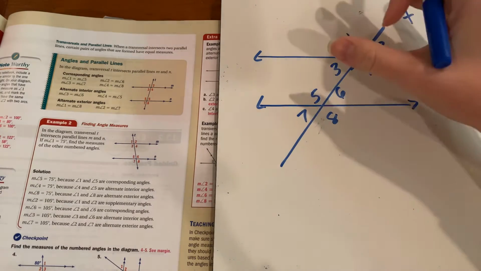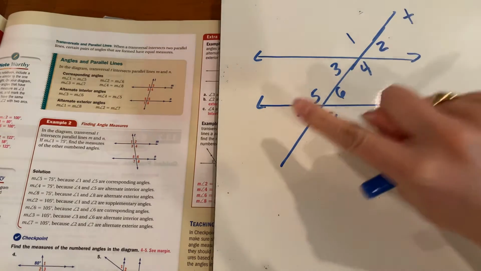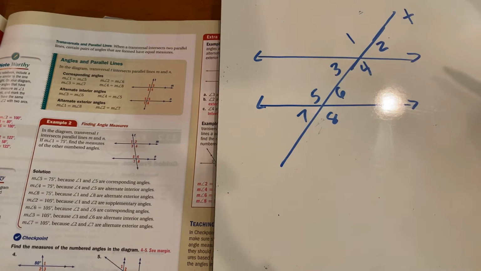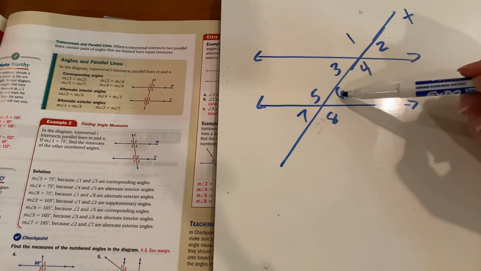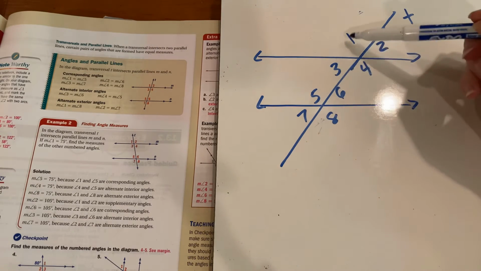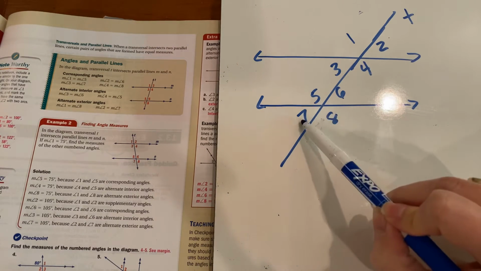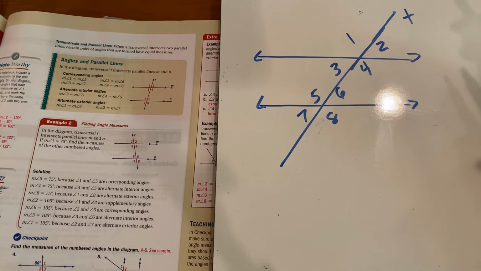Again, if we were just to take this top picture, cut it right there, and put them on top of each other, they would be the pieces that match up perfectly. And then we also have our alternate interior angles, which are going to be 3 and 6. They're on the opposite. 4 and 5 are on the opposite. 1 and 8, which are on the opposite, well, those are our exterior angles now. And 7 and 2 on the opposite. So we have a predictable pattern.